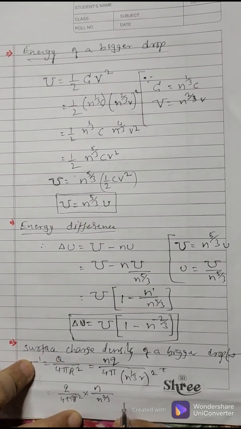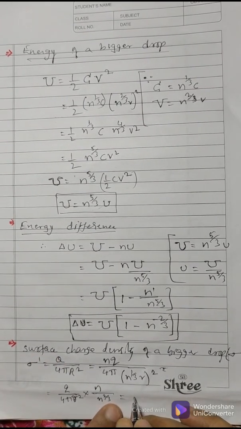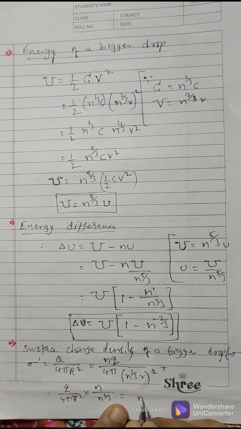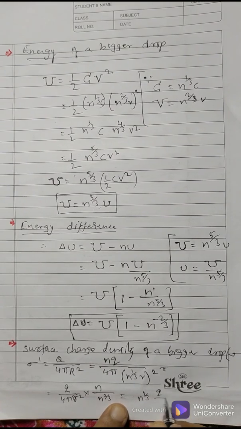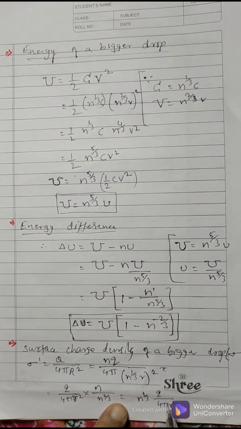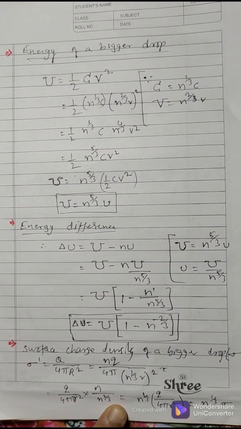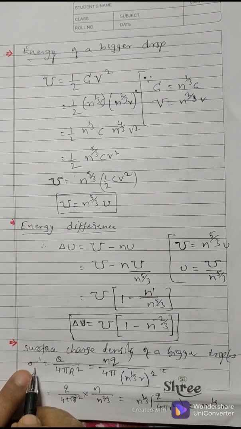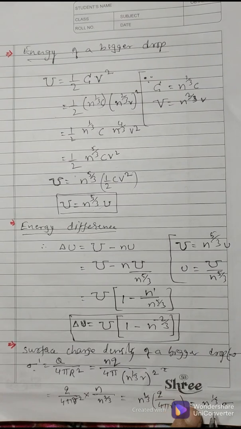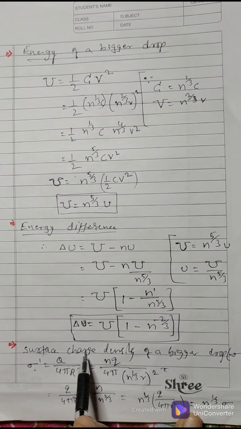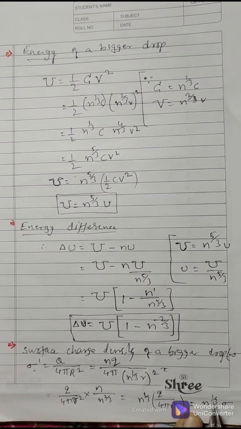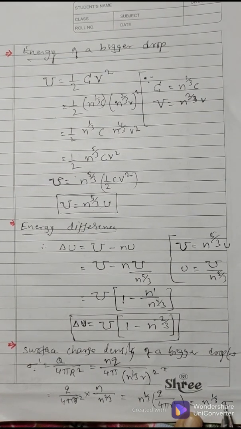After solving this, this will become n power 1 by 3 into charge by 4 pi r square. This implies n power 1 by 3 into sigma. That means sigma dash is equals to n power 1 by 3 into sigma. That is, sigma dash, the surface charge density of a bigger drop, is equals to n power 1 by 3 times the smaller surface charge density.